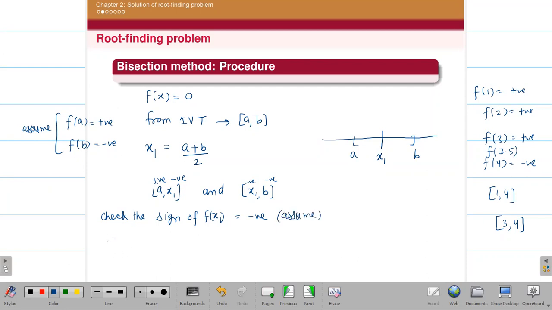So the root lies in AX1, and you leave the other interval. This way, if I have a bigger interval, you are bisecting it, and suppose you have the interval 1 2, you are bisecting this, then you will get 1.5. So that will be the interval now.